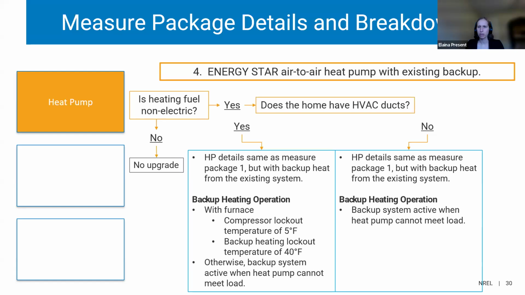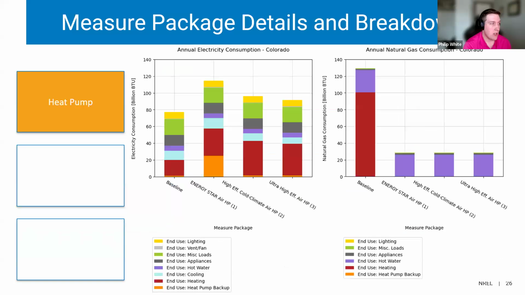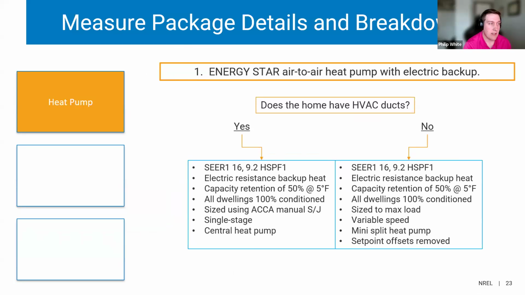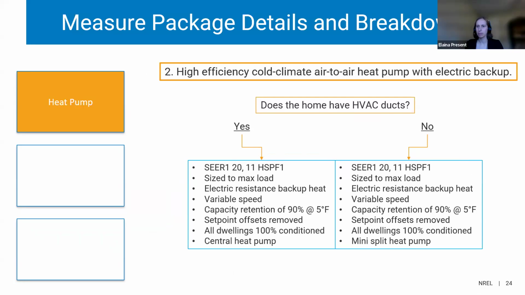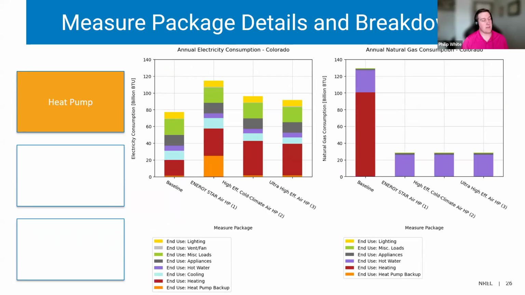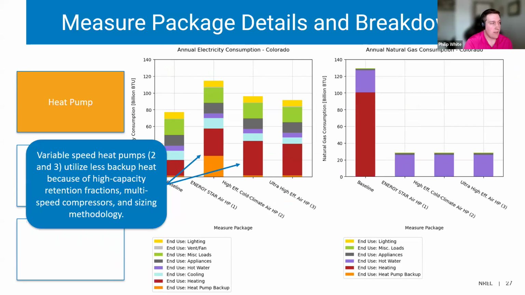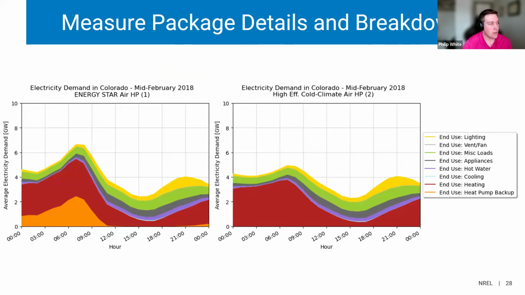Even for heat pump 1? For heat pump 1, it's integrated. But is it called out separately though? Yeah, it's called out separately. Like in this annual result, it's this orange, and then in the load shape, the orange is right here.